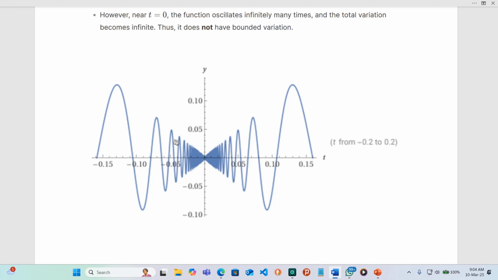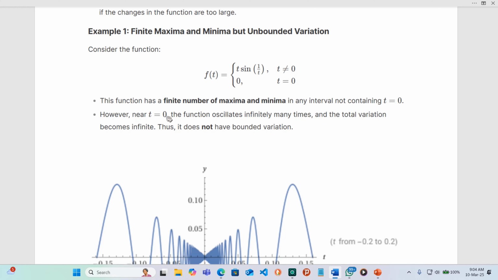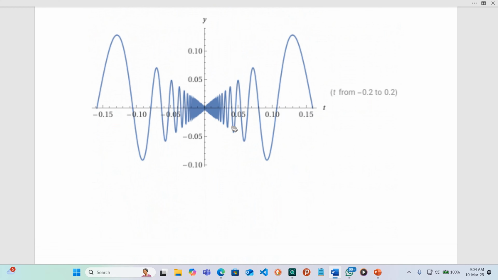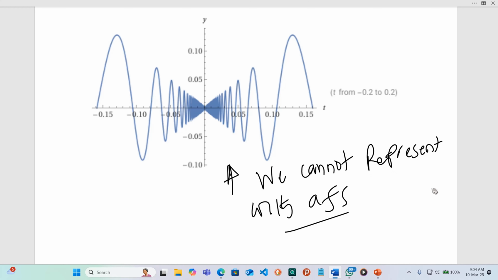But as you go to t equal to 0, the function has very many minima and maxima, even when you go to the other side. So near t equal to 0, the function oscillates infinitely many times and the total variation becomes infinite. Thus, it does not have a bounded variation. So such a function, again, we cannot represent with a Fourier series.